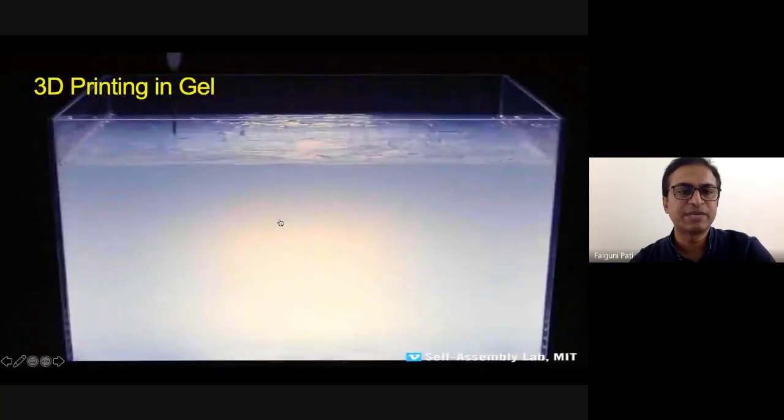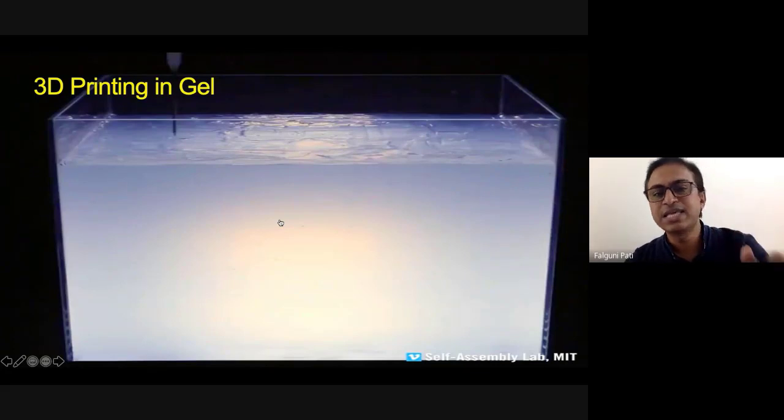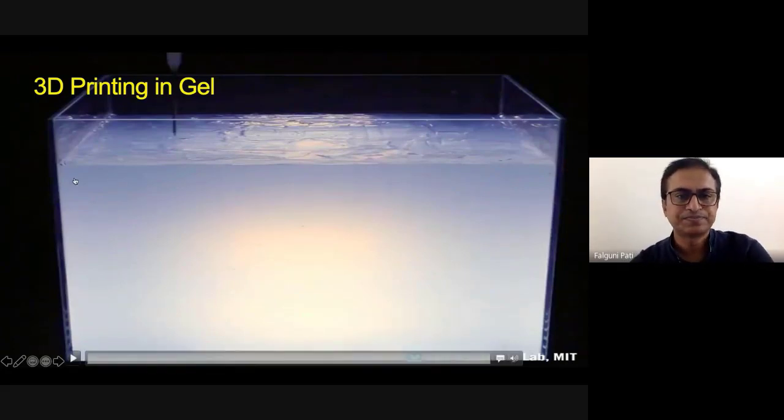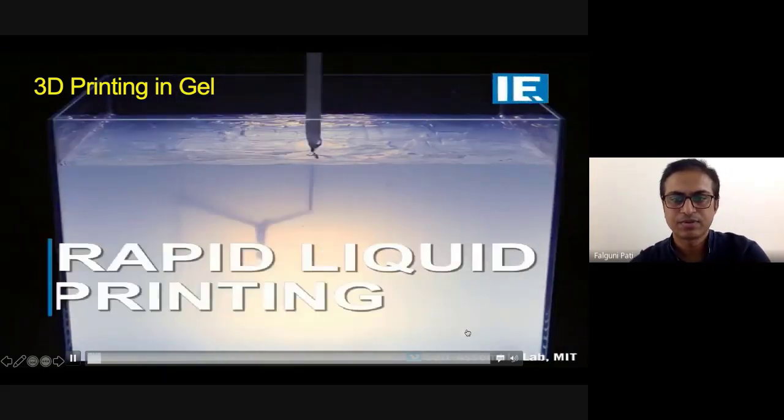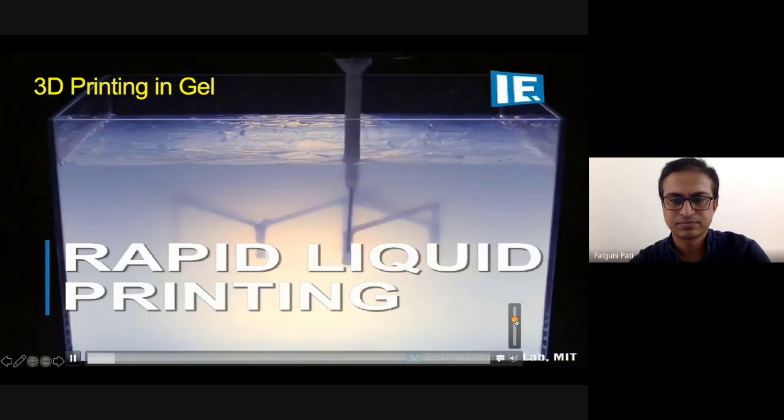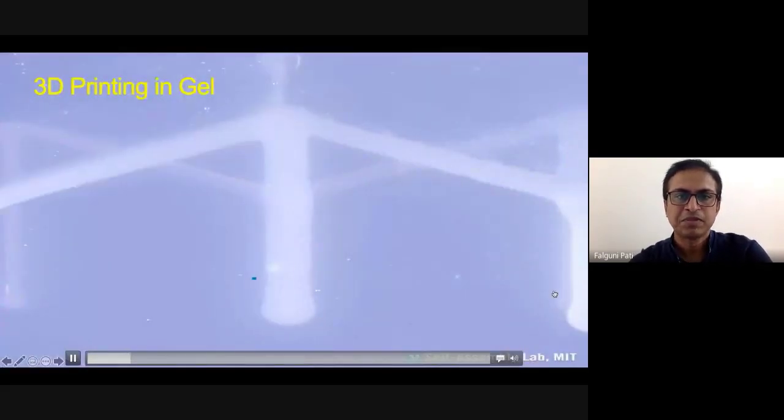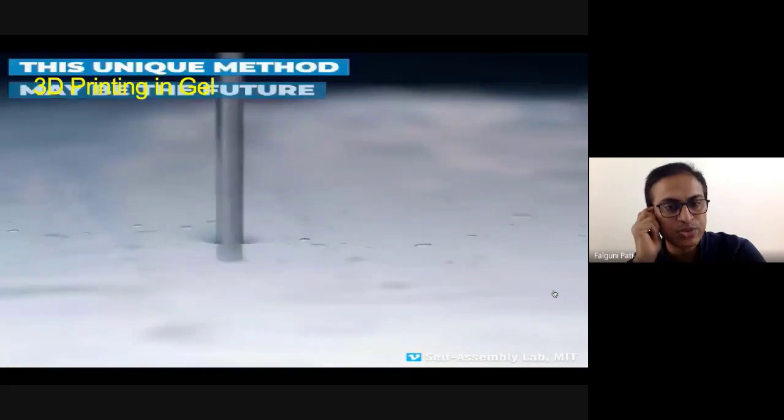This is a video from the MIT Media Lab. You can see how exactly this process is done. Suppose this is the gel bath, the supporting bath. One needle is immersed here, and then they start extruding the material within this gel. You see how the material is being extruded within this hydrogel.